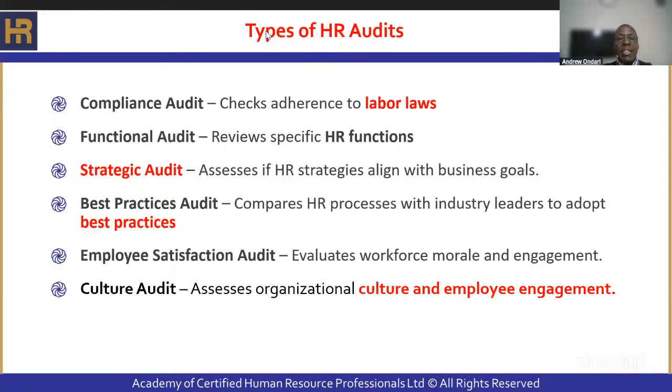Whether it's training, do people acquire the right skills and knowledge? Whether it's performance management, whether people are performing to the expected levels. Or if it is health and safety, have we reduced the cases of accidents or illnesses? So that is the functional audit we are going to look at.